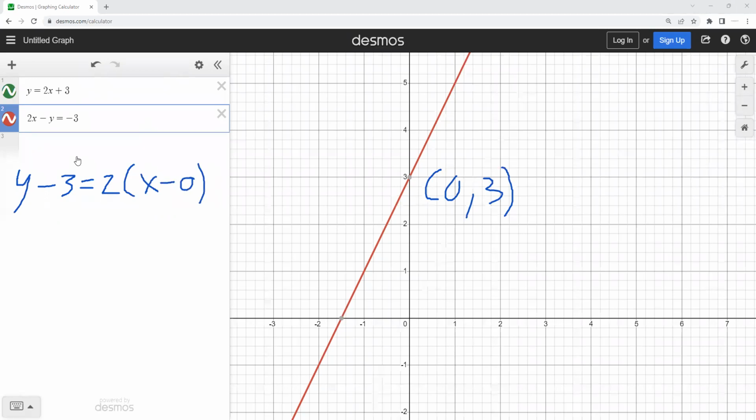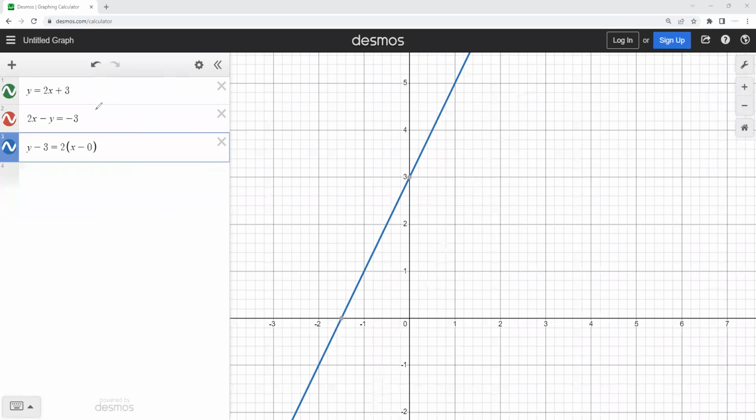So now let's plug this in. If I did y minus 3 equals 2 times x minus 0, it's the same line. So you can rearrange equations, and don't worry too much about writing things in standard and point slope form. You should focus on that once you are more comfortable with graphing.